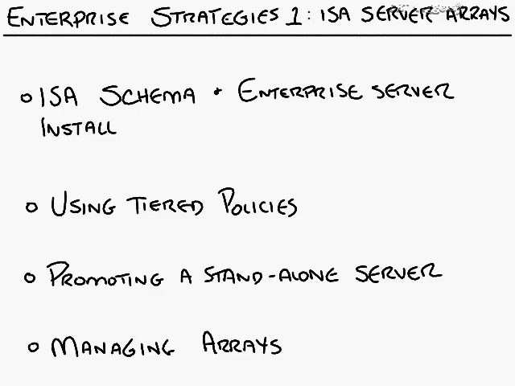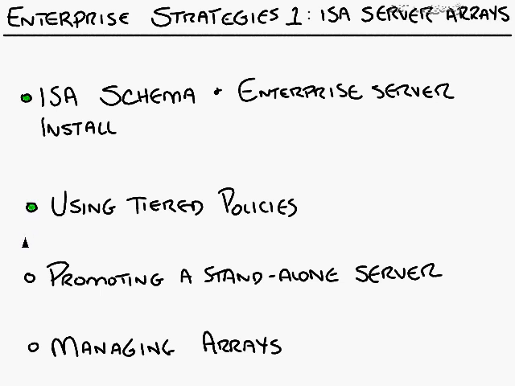So in this first enterprise nugget, I hope I have freed your mind from the slavery of the standalone installation and expanded it to include the new enterprise strategies. First off, we talked about how the ISA server schema fits into things, how to install it into the Active Directory, and starting to manage this through an Active Directory style of tiered policies. That's the second method that we looked at.